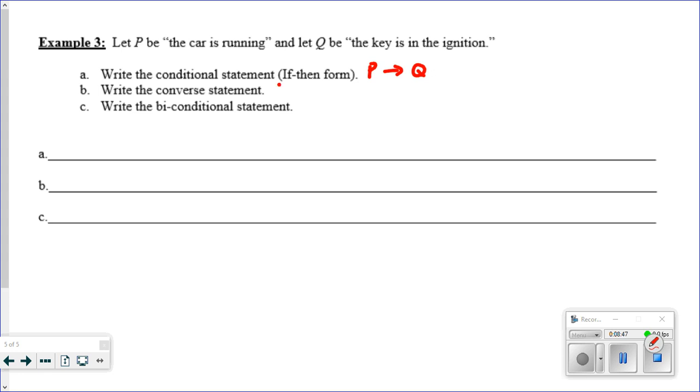So we have if Q, then P. So Q implies P. If it's a biconditional, then it's Q implies P, P implies Q. It goes both ways, and we use if and only if.